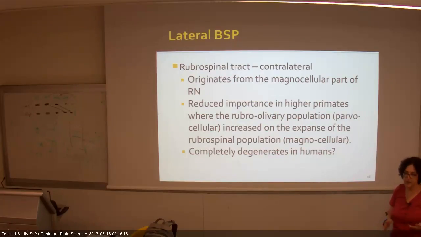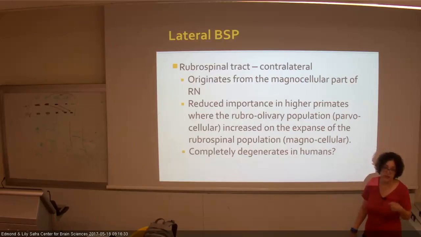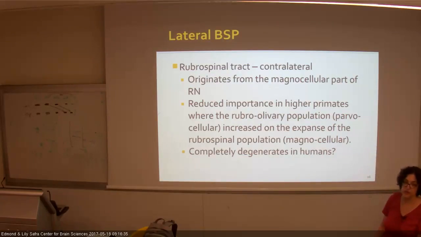So in cats, the motor cortex is not as important for fractionating movement, controlling the subcomponents of movement. The red nucleus in cat is very important for coordinating movement, for example. But in primates, this control of coordinated movement is actually located in the motor cortex.